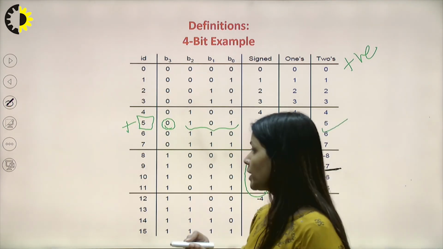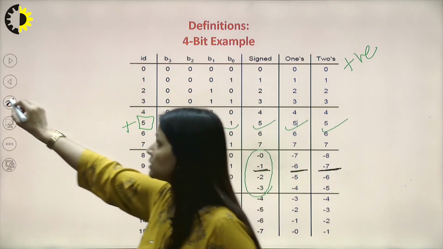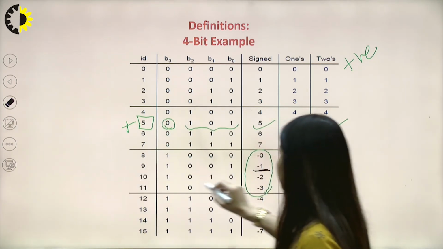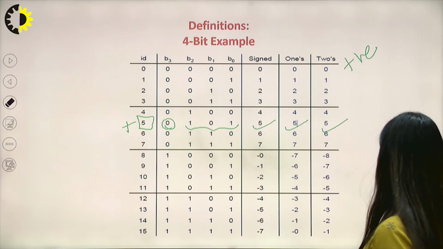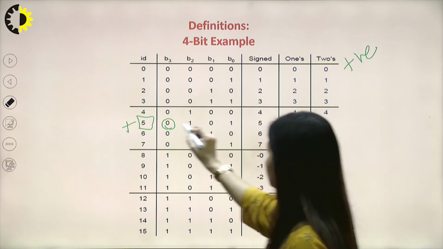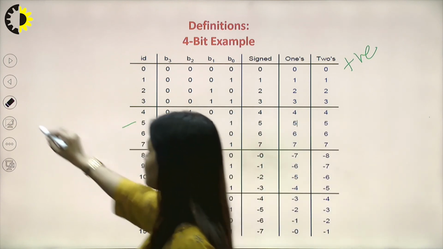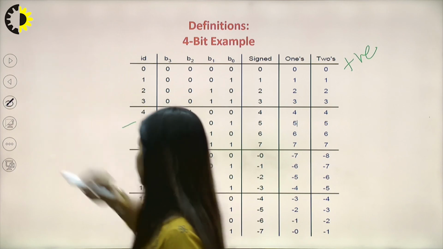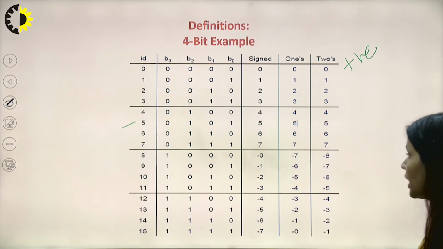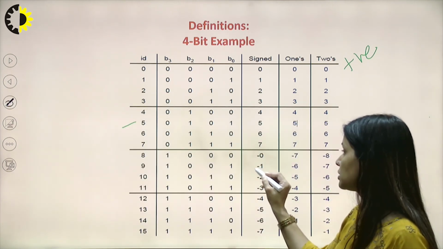So for sign magnitude, let us understand. I am taking an example of this -1.